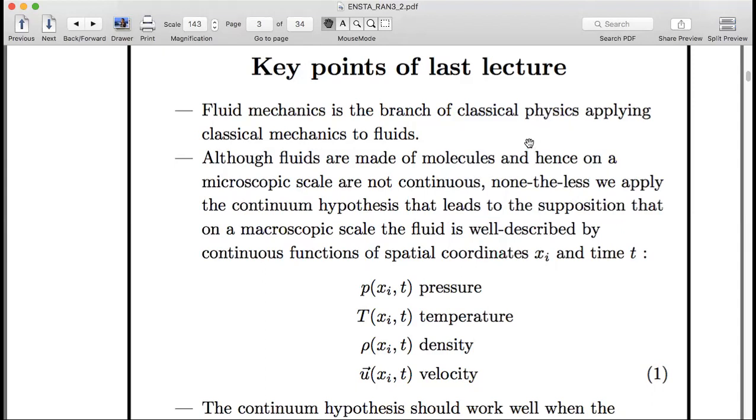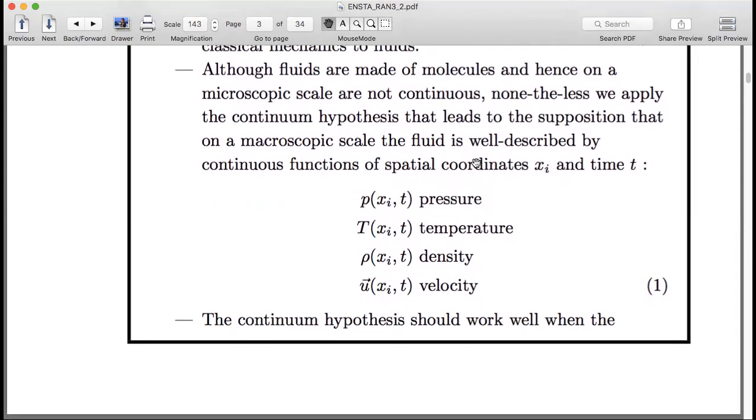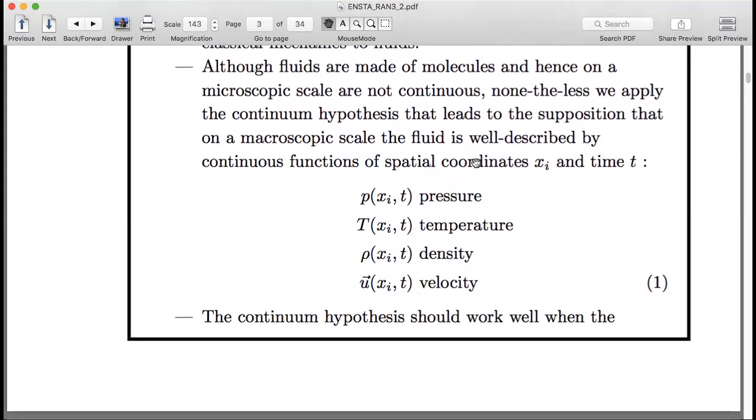So the key points of the last lecture are that we're studying fluid mechanics. It's a branch of classical physics, classical mechanics applied to fluids, which we approximate as continuous media by making this continuum hypothesis.